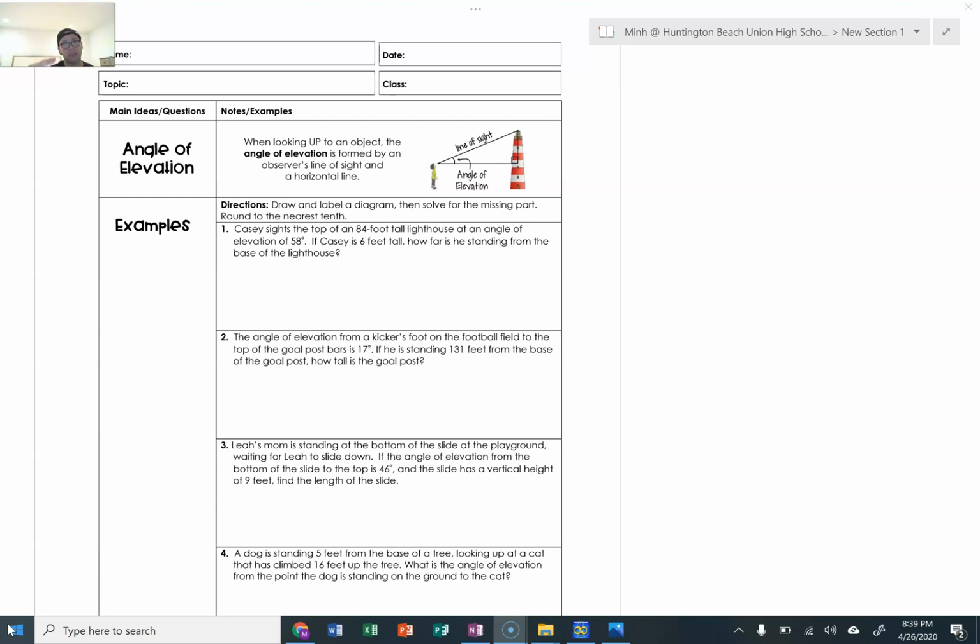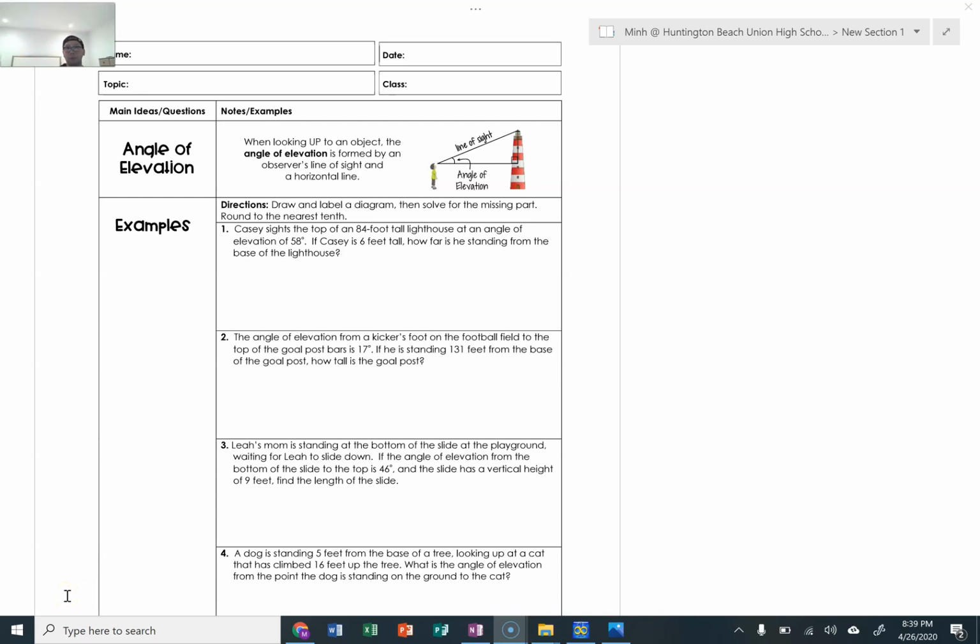It's pretty consistent on how to set things up, but when you're having so much information on the word problem, you want to make sure you're underlining key numbers and information, as well as using that information to draw a picture, because it's going to save you a lot of time in terms of trying to figure out these problems. So take my advice, draw the picture, and then set up the problem using trig.